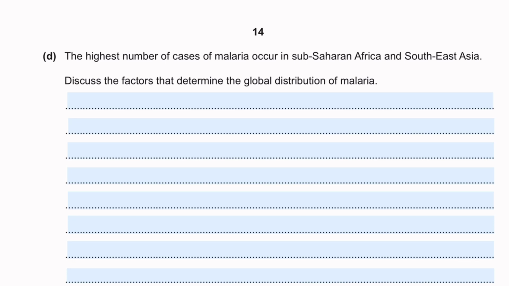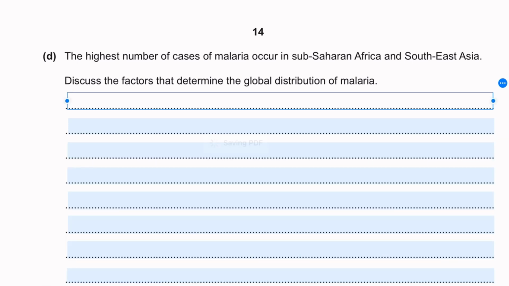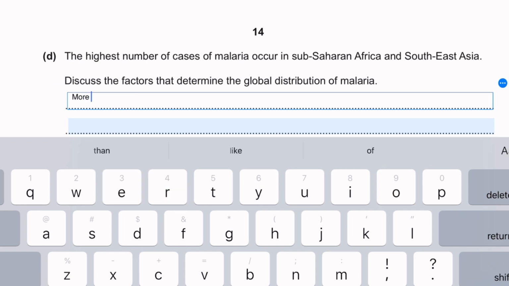So let's start with why it's in sub-Saharan Africa and Southeast Asia. It's because there is a higher distribution of malaria in tropical regions of the world, right?